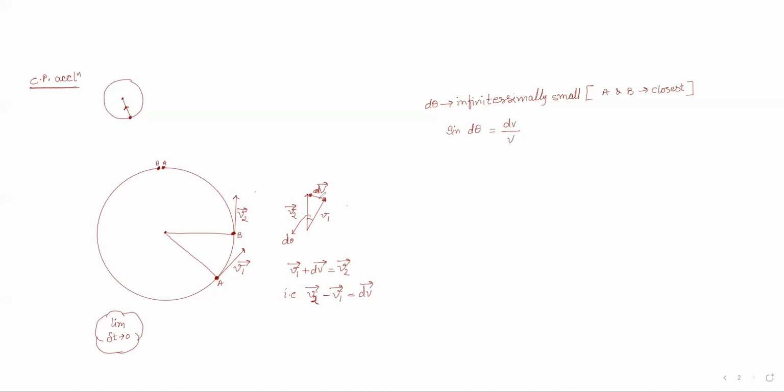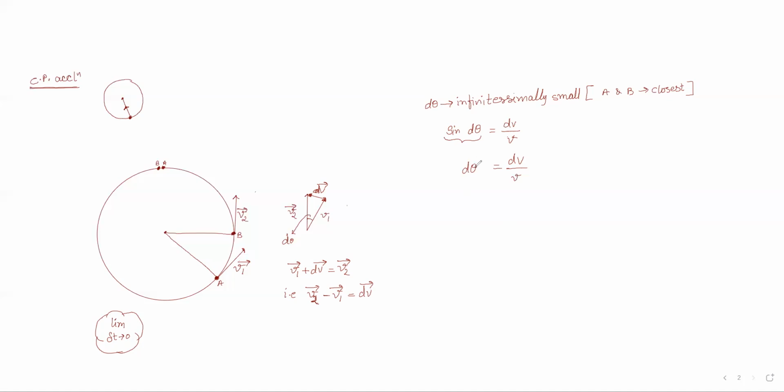Sine of d theta is the opposite side divided by the hypotenuse, which can be either vector v1 or v2, we call that v. But since d theta is infinitesimally small, the sine of a very small angle can be written as the angle itself, which gives us d theta equal to dv divided by v.